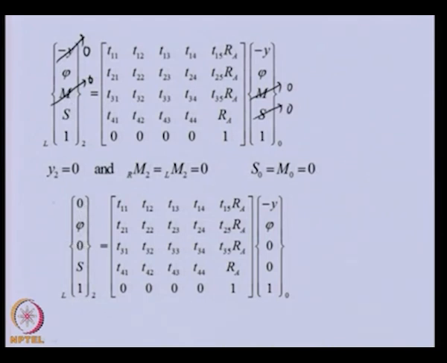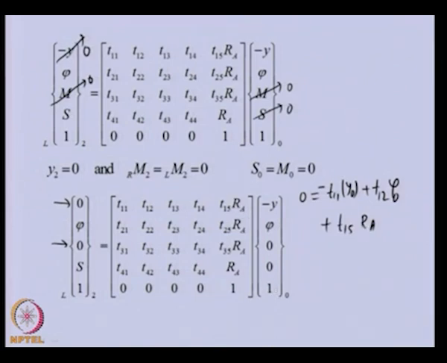So, we will take out the first row and third row equations from this, and if we write that, the first equation will be 0 equals T11 minus y0 plus T12 phi at 0 station, these are for 0 station, and the other two terms are 0, then T15 into Ra, which is multiplied by 1.